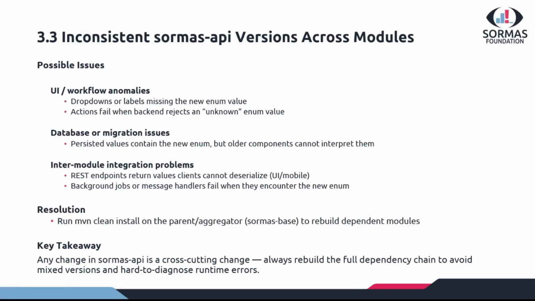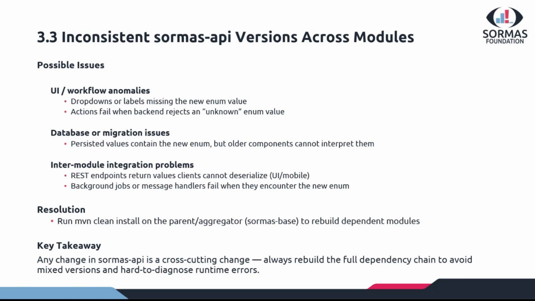SORMAS-base is not a development module, it is the aggregator, the parent module for all other modules. So you run install on it, then it will properly build the whole system in the right order.